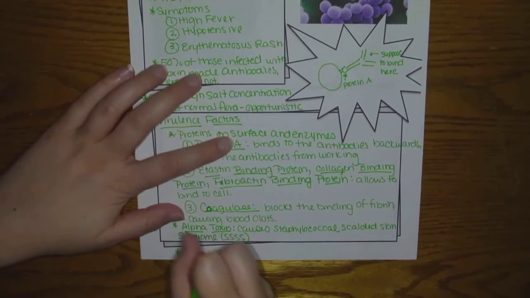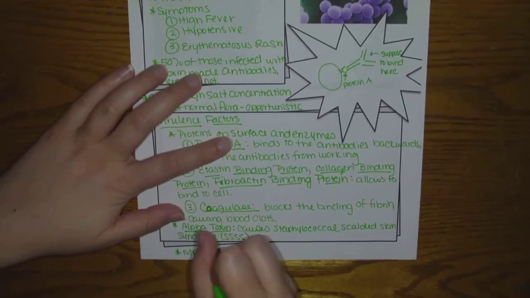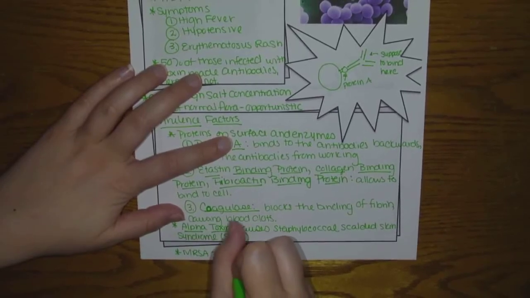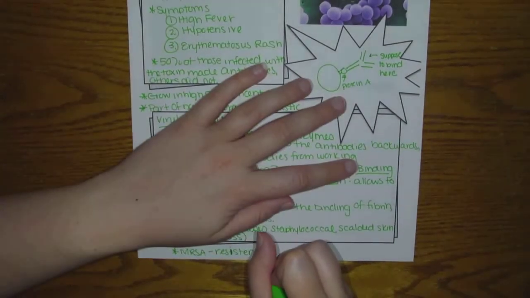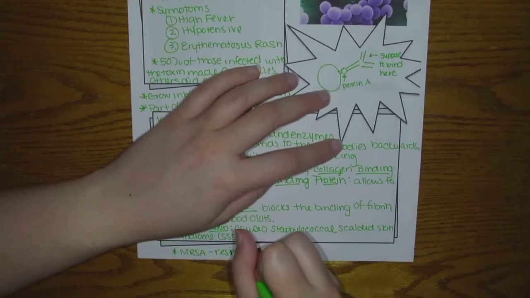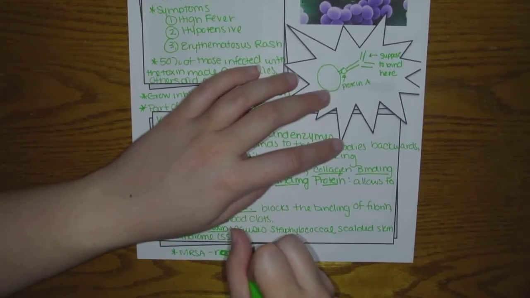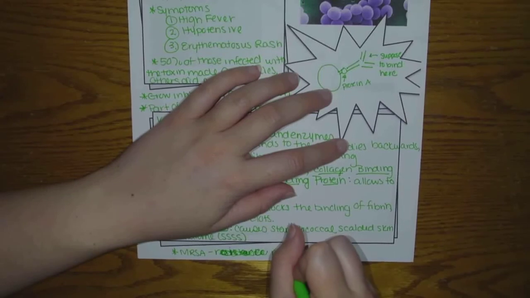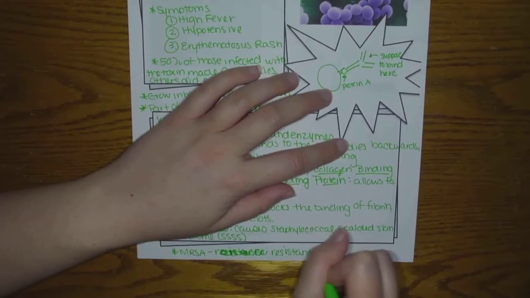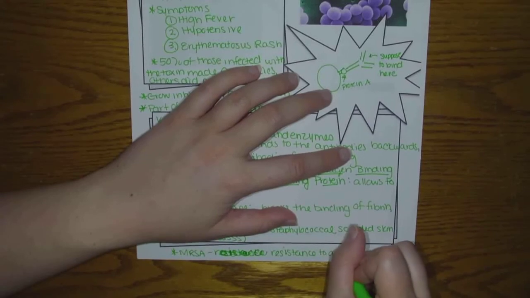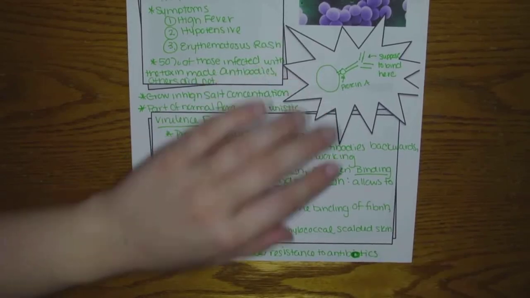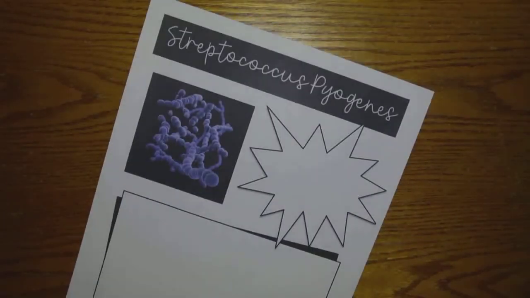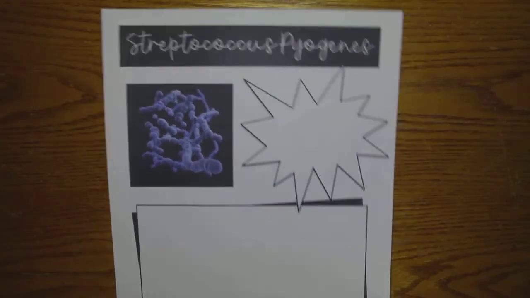And the last thing that can be a virulence factor is that it can be resistant to several antibiotics. So that's what you need to know about Staph aureus.